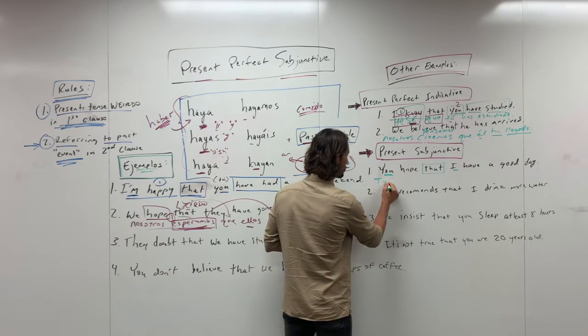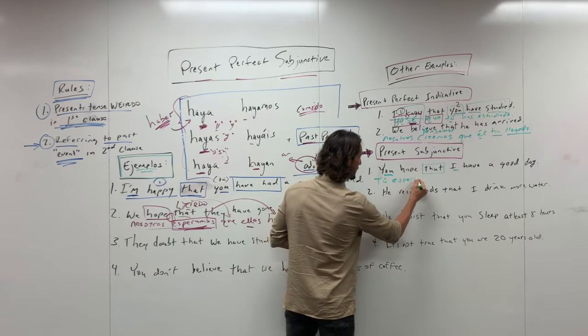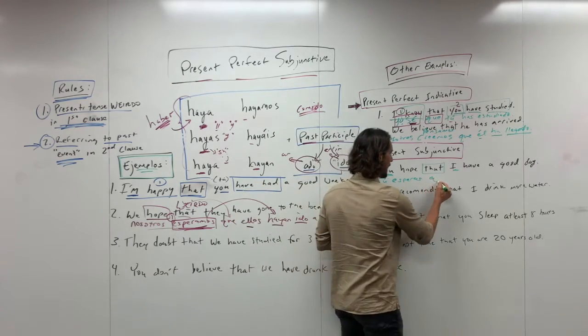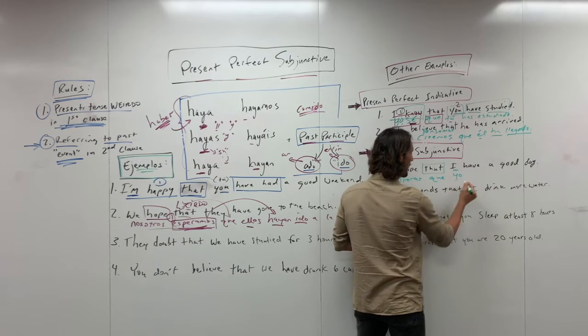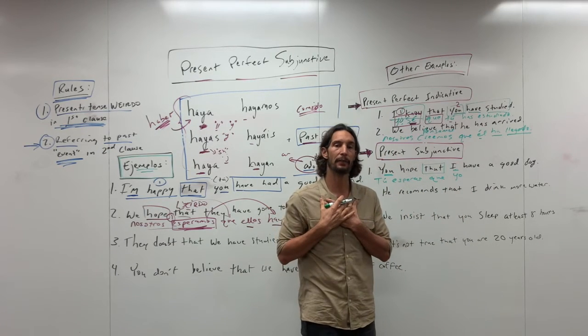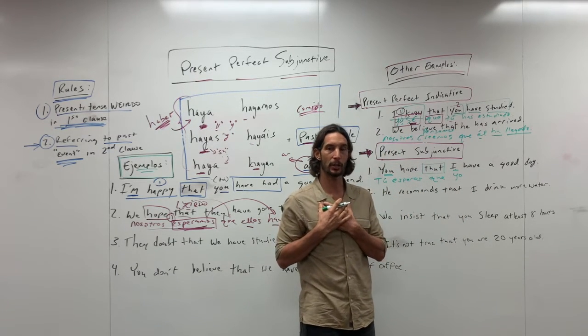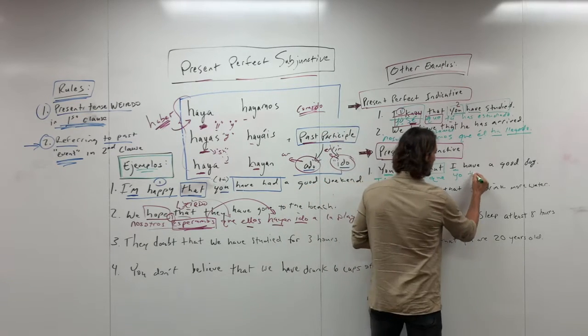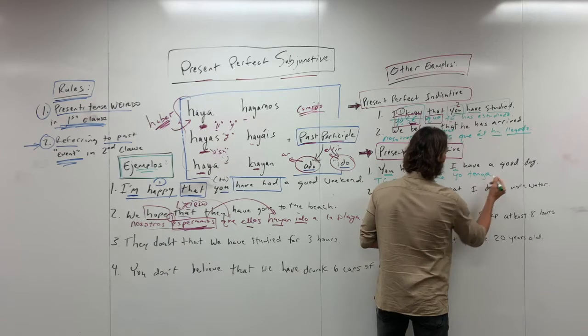You, so that's tú, esperas, right? You hope, of course, que yo, I, right. Have is tener, right? So to have a good day is tener un buen día, but I have to put tener in the subjunctive, right?